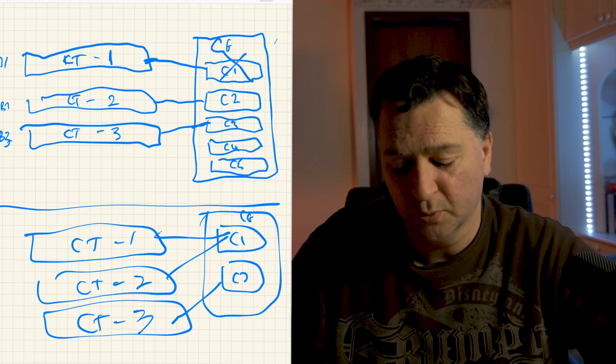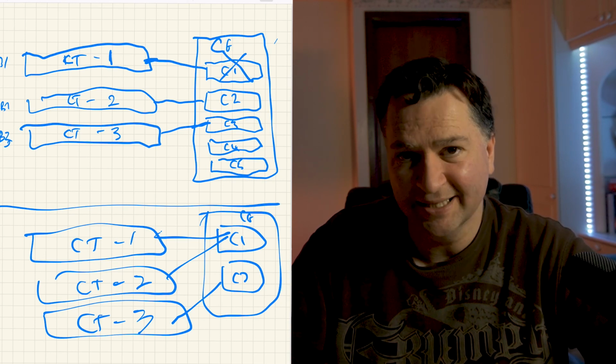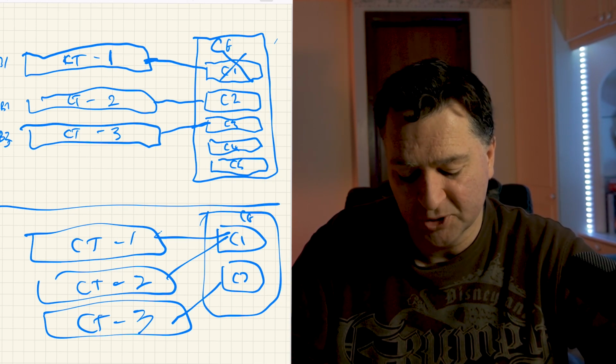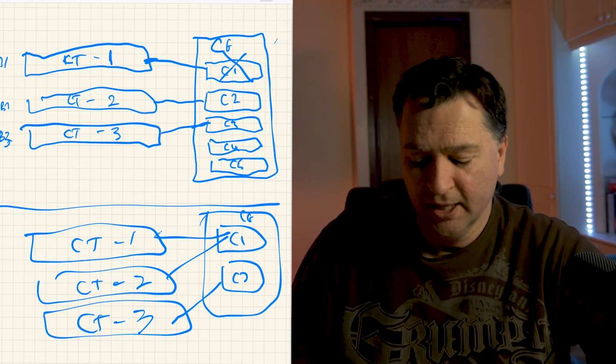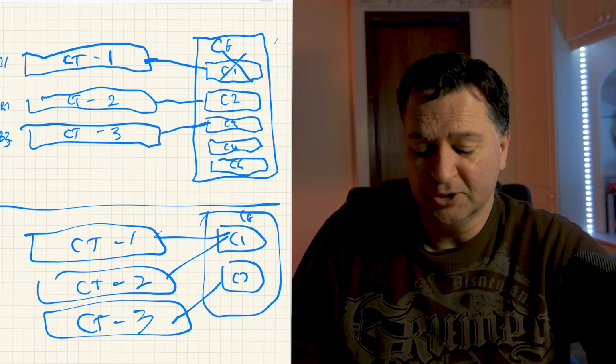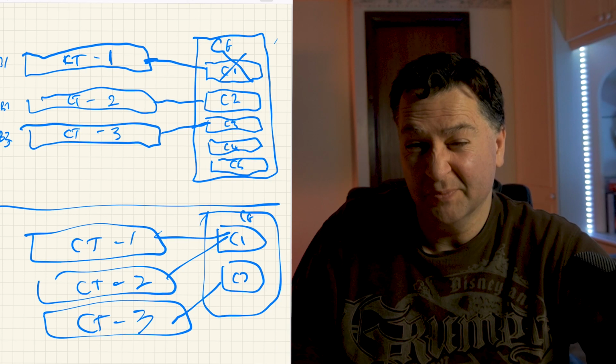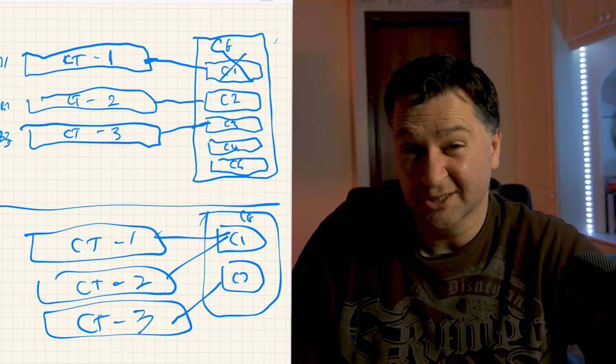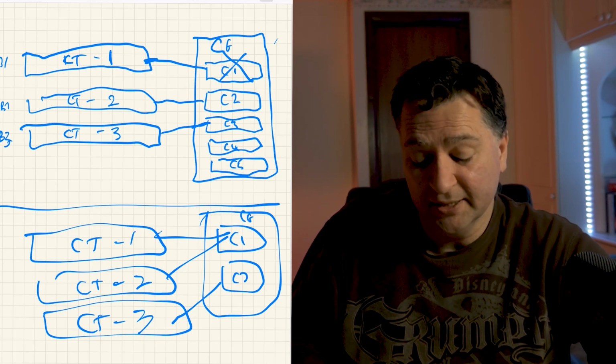So consumer 1 could be handling topic partitions 1 and 2, whereas consumer 2 could be dealing with partition 3. That means consumer instance 1 is maybe a little bit overloaded in comparison to consumer instance 2.